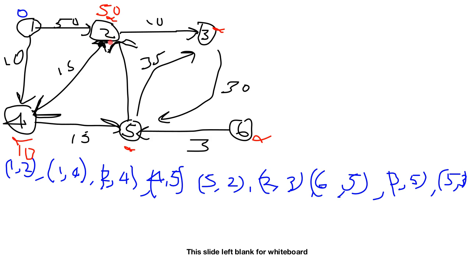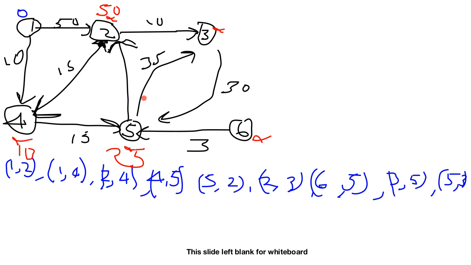So remember, 2 is 50 plus 15, this one is greater than this, so it retains that. Then 4 to 5, that is now supposed to be 25.